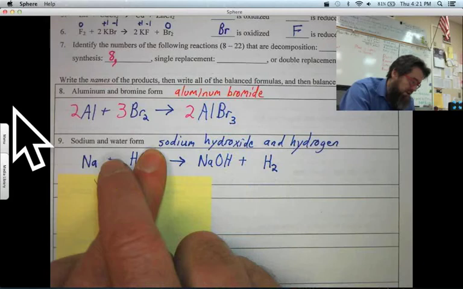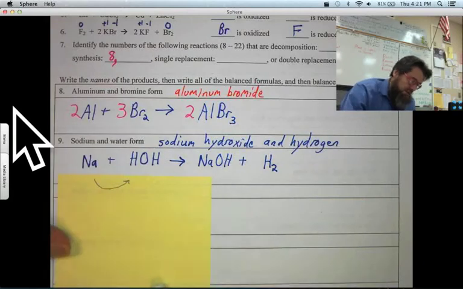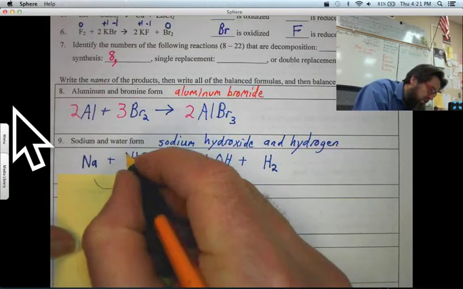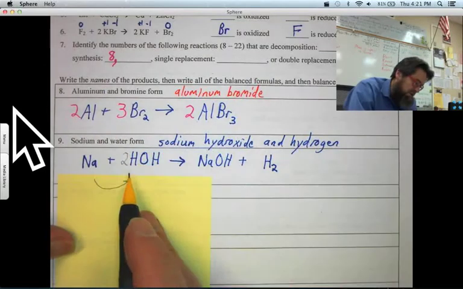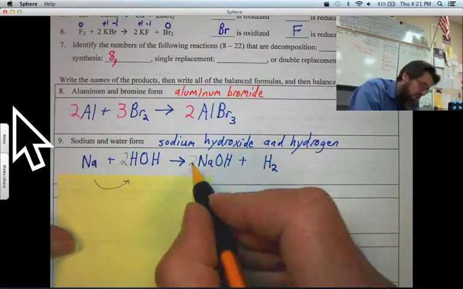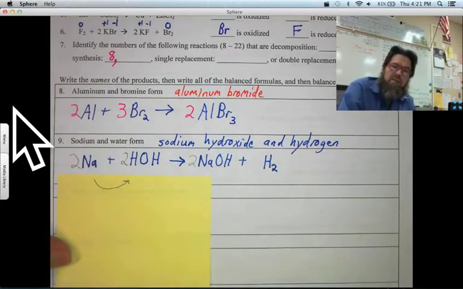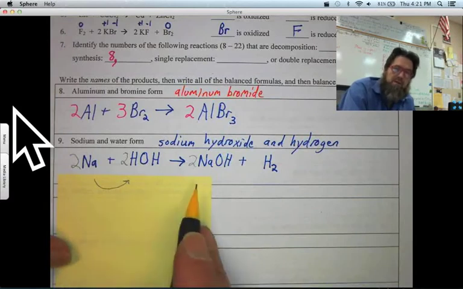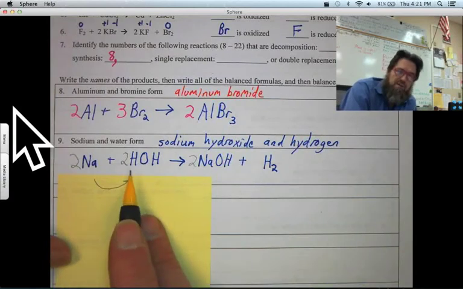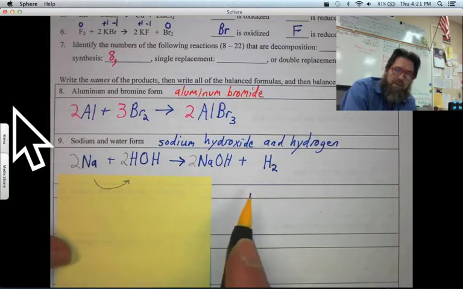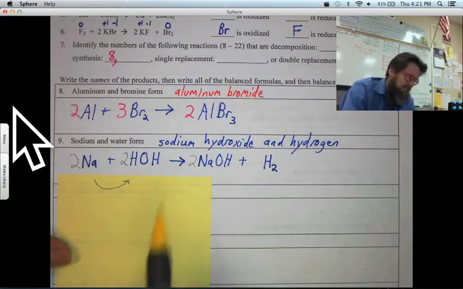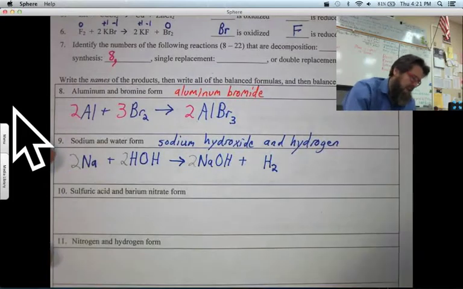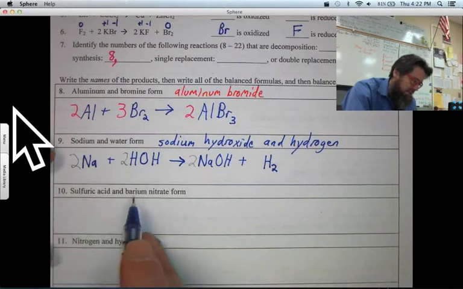We're going to have 2 waters. So I'm going to do this in pencil just to be cautious. 2 waters. That makes 2 OHs. We need 2 of these and 2 sodiums. And I think that balances. 2 sodiums, 2 sodiums. Let's count all the hydrogens together. 4 hydrogens, yes. Balances. Done.